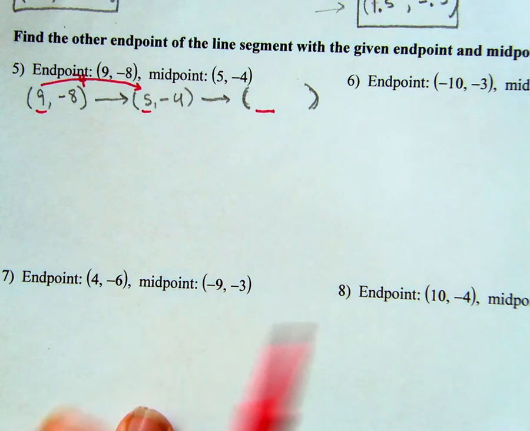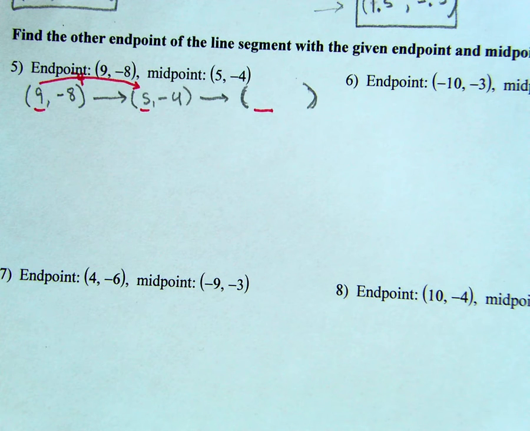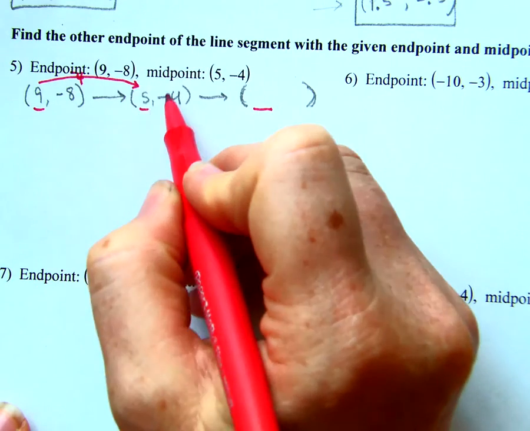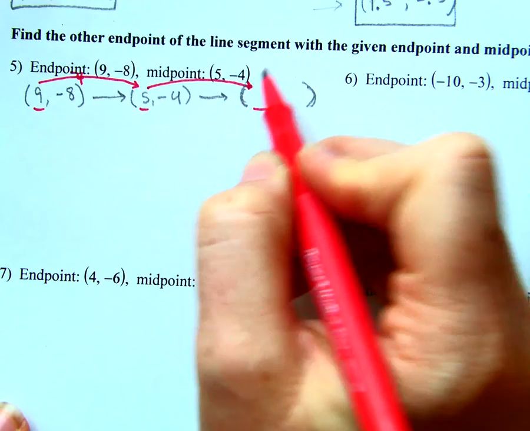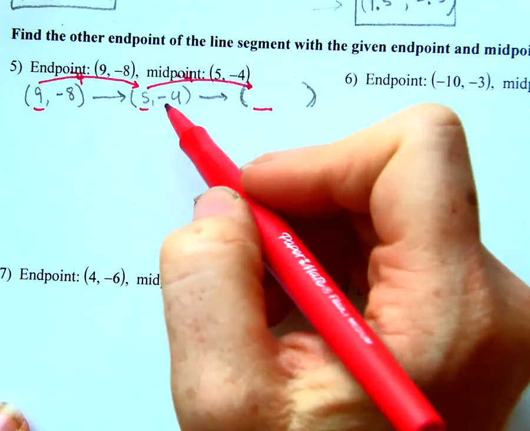So if this is the midpoint, then the other endpoint has to be the same distance on the other side. So I'm going to do 5, and I'm going to reduce again by 4, and that's going to put me on the other side of it, right?